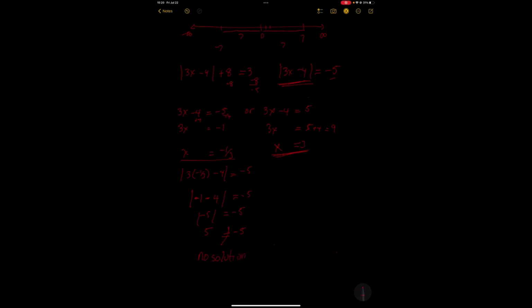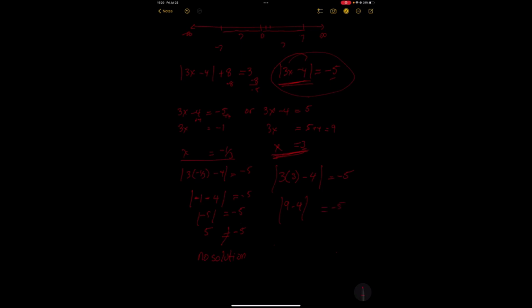Now let's check for the other one. If I put 3 into this, will it give me a negative 5? So let's see, 3 times 3 minus 4 equal to negative 5. 3 times 3 is equal to 9, minus 4.